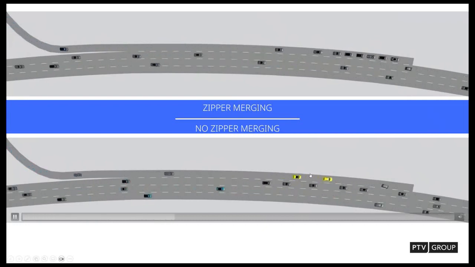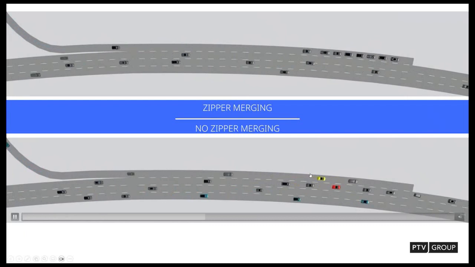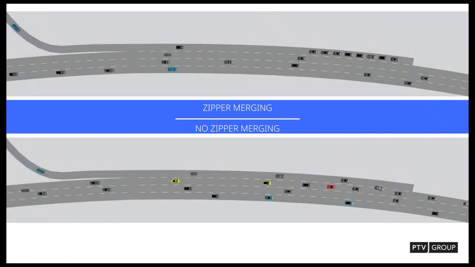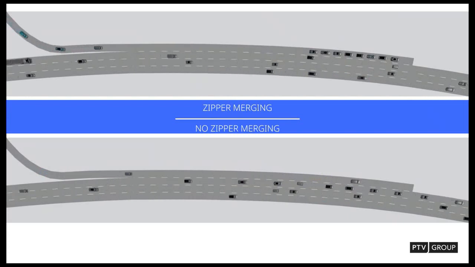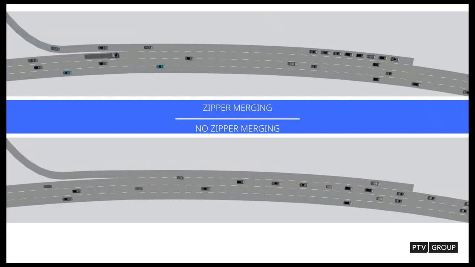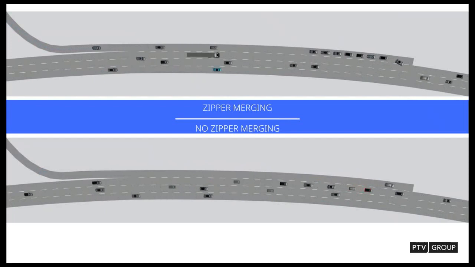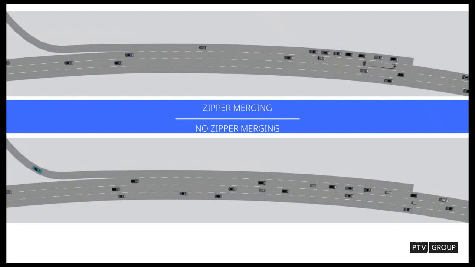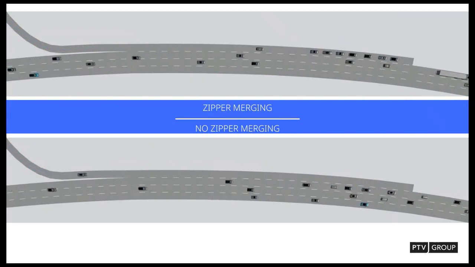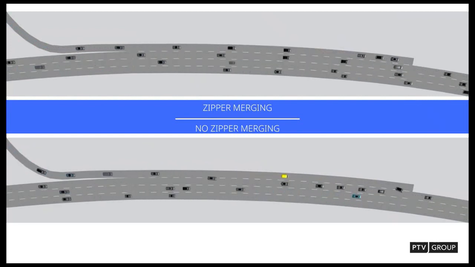The yellow ones are those in the zipper merging interaction state. But zipper merging in reality is also not always efficient. People are slowing down too much, which can mean that capacity is actually reduced. It's not necessarily enhanced in every moment.